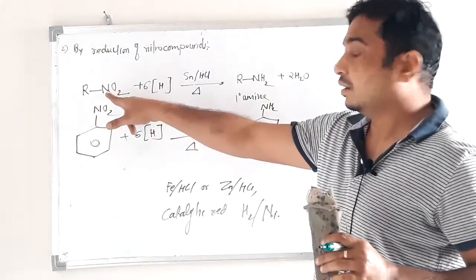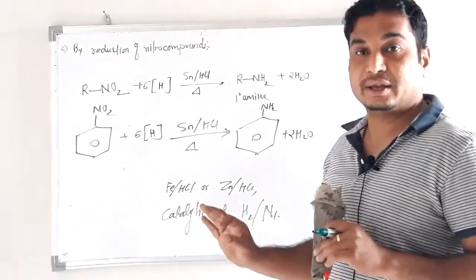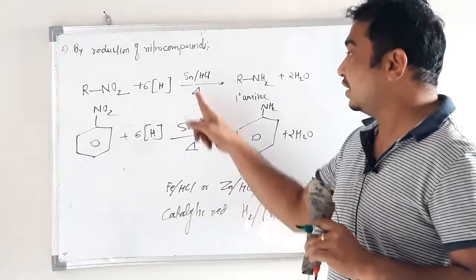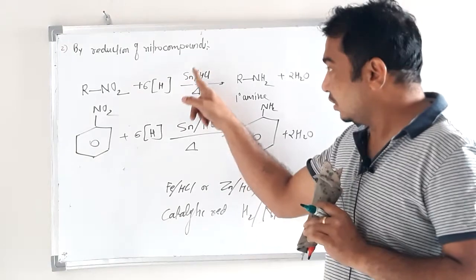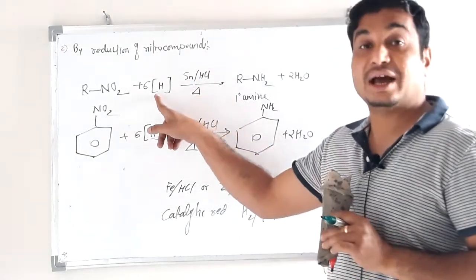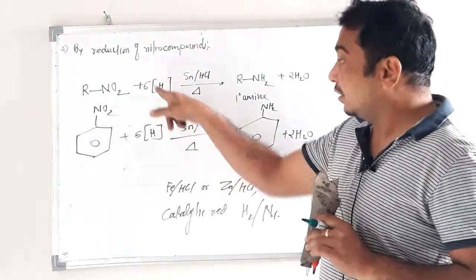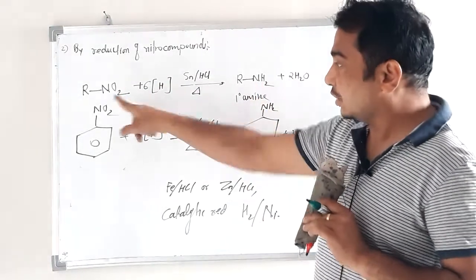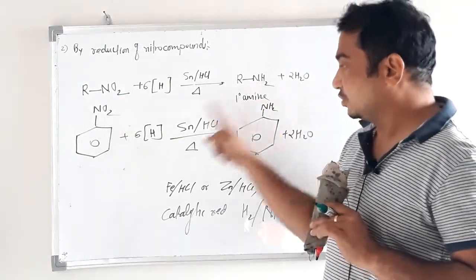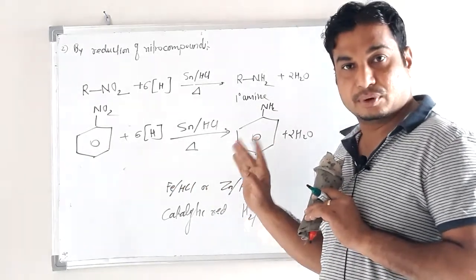So RNO2, meaning nitroalkane, reacts with reducing agent Sn/HCl in the presence of heat. This reducing reagent produces 6 free hydrogen atoms and then they reduce or convert NO2 into NH2. Okay. So nitroalkane gets converted into primary amine. Similarly here also. Okay.